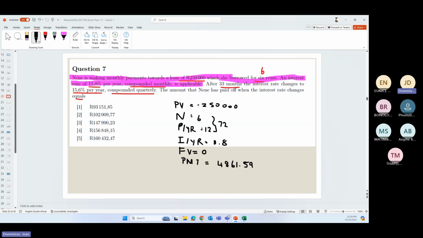Okay, so now we will need to find out how much is basically outstanding, or what the amount is that needs to be paid off. So let's see. Okay, this is an interesting one.